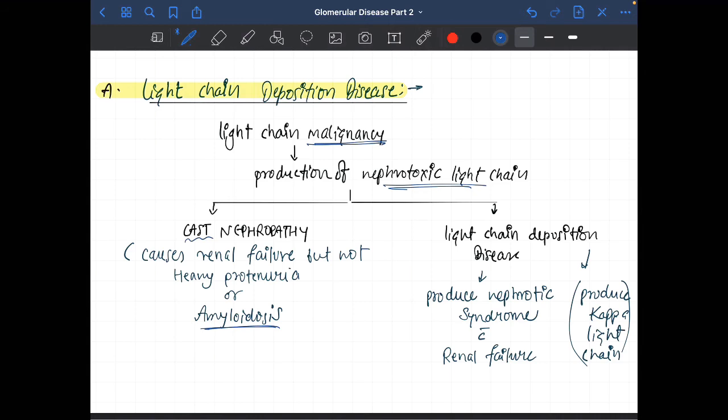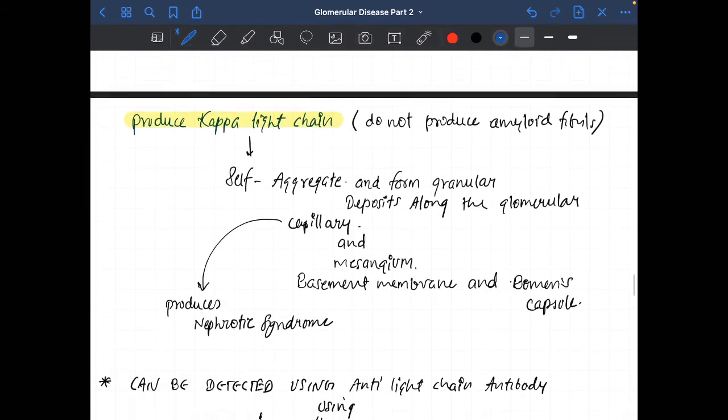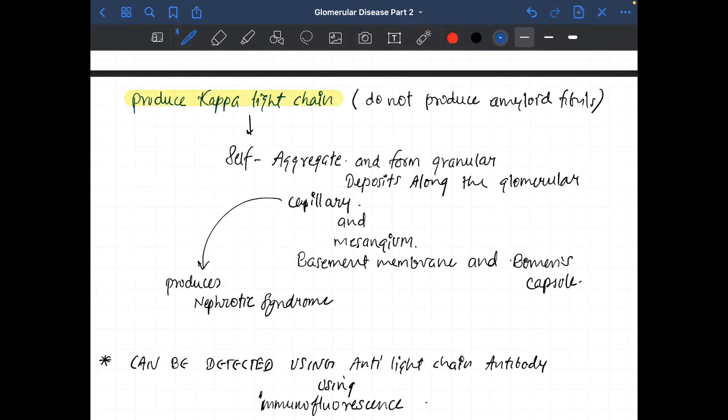In light chain deposition disease, there will be deposition in the glomerulus and it produces nephrotic syndrome with renal failure, and that involves kappa light chain. The kappa light chain produced will self-aggregate and form deposits along the glomerular capillary, mesangium, basement membrane, and Bowman's capsule, and that will produce nephrotic syndrome. So this is the pathophysiology.